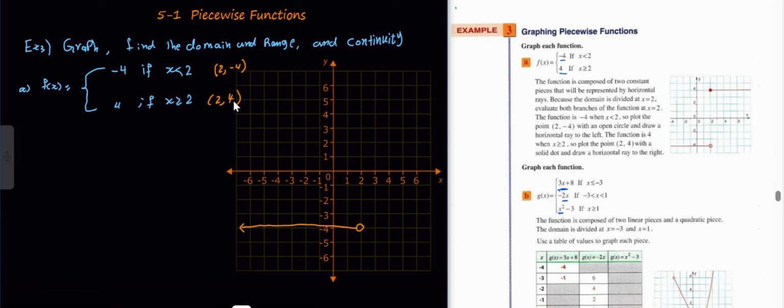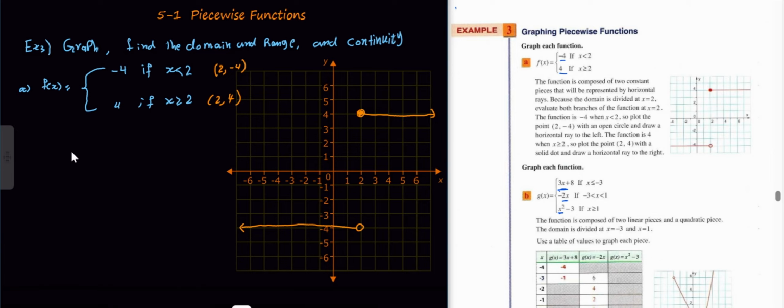And for the second point, we have 2 with 4. Do we fill the circle? Yes, because we have equal sign. And x is greater than a number. It means it goes for positive parts. This is how we graph it.